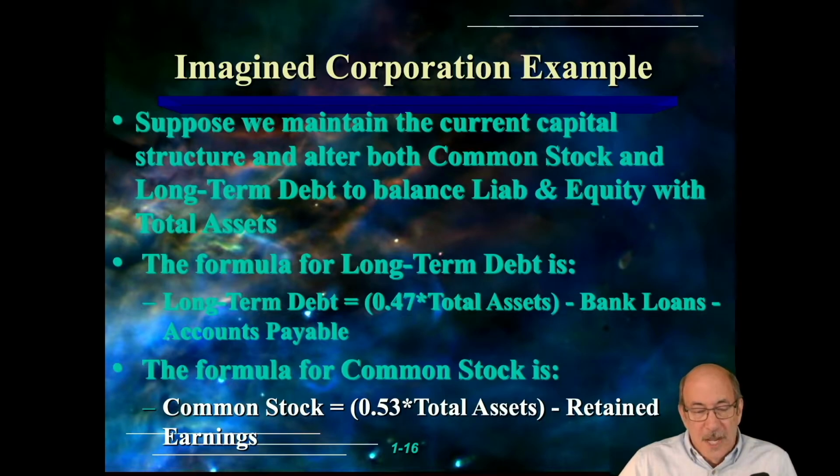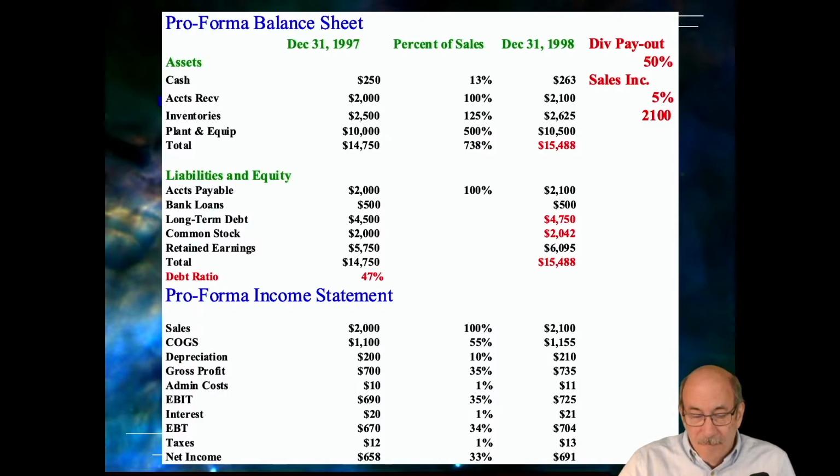And so when I come to calculate my total equity account value, it's going to be that common stock account plus retained earnings, and the two should add up to 53% of the total assets. And then when I add total equity to total liabilities, it should add up exactly to the asset value. And lo and behold, yes, it does.